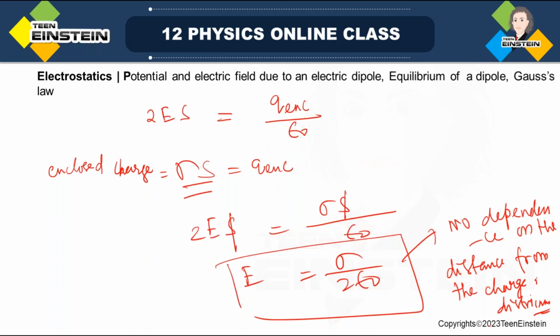At any distance you will get the same value, but there will always be a direction for the electric field.